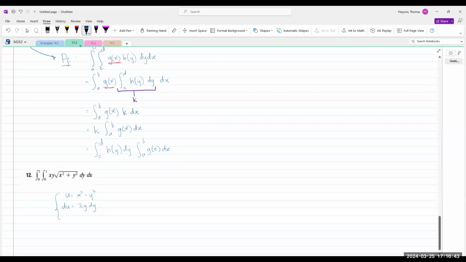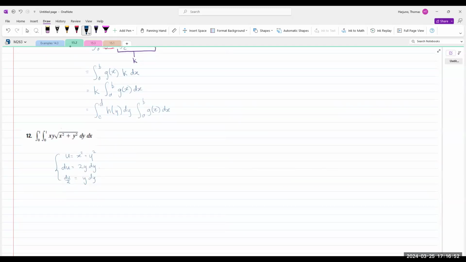Or you can say y dy is du over 2. Notice that this guy is my du over 2. Now what happened when y equals 0? When y equals 0, I get x squared. When y equals 1, I get x squared plus 1.